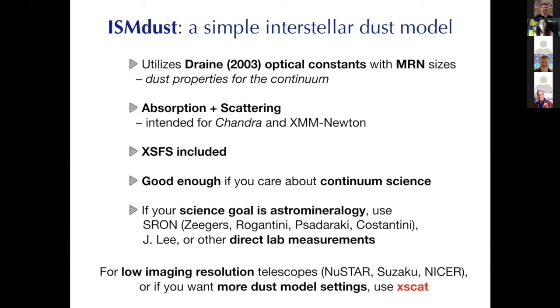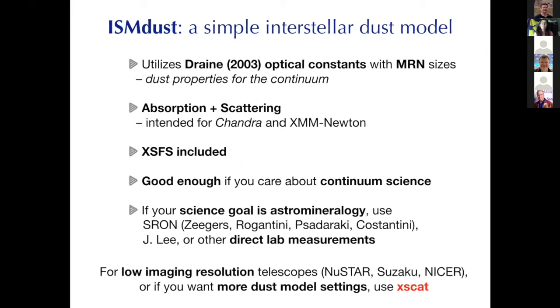It's literally those two things added together, which means that it's really intended for high resolution telescopes, high imaging resolution, so really Chandra and XMM-Newton. It includes the X-ray scattering fine structure. And I would say that it's totally good enough if you care about doing continuum science. So if you care about the science that you're extracting from your continuum measurements and you want a certain level of precision, this is fine.